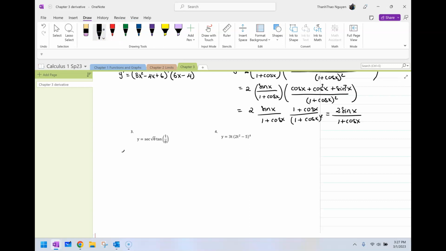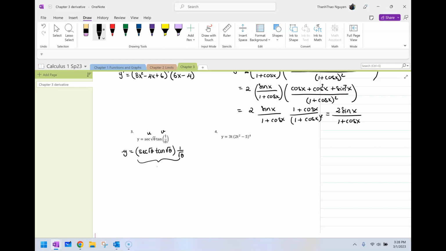So then y prime: the derivative of secant is secant times tangent. The derivative of square root of theta is 1 over root theta. So this is u, this is v.